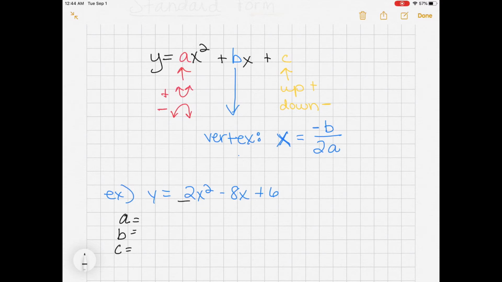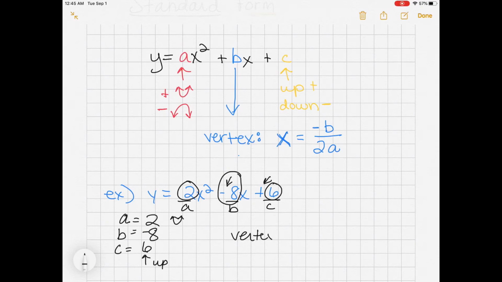I'm just going to write them over here so I have easy access to them. Keep in mind, whatever sign is in front goes on that number. If this is a positive, I know it's a positive 6 and so on. Okay? So remember, because the a value is 2, it's positive, so it's going to be going upwards. We know c is 6, so that's shifting everything upwards on the vertex by 6 units.